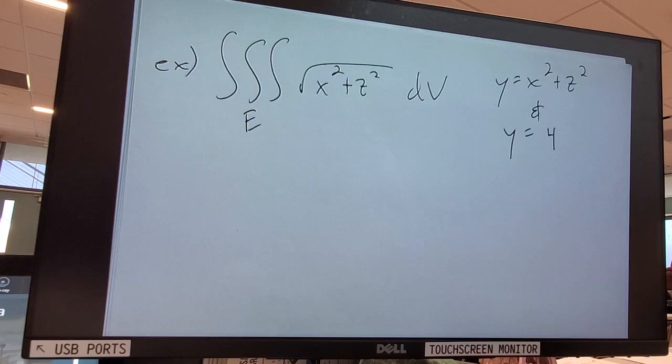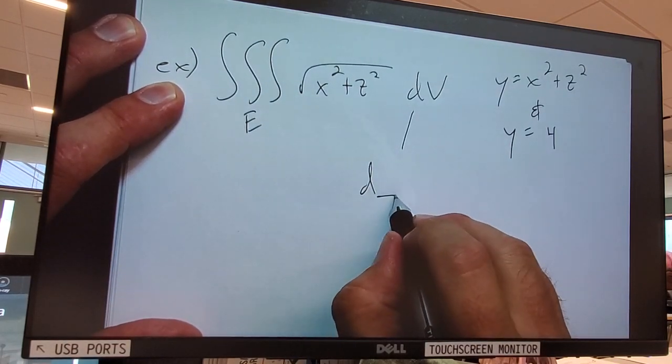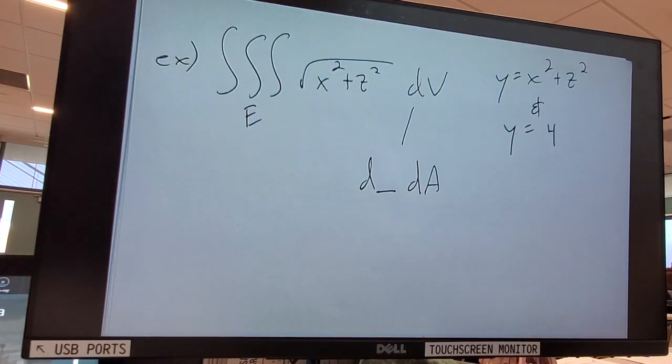Here, I'm trying to figure out which plane holds that. So I want to rewrite my volume as D, dA. And the dA is related to that region, like when we were just doing double integrals. So we don't have to consider everything at once, thank the gods.